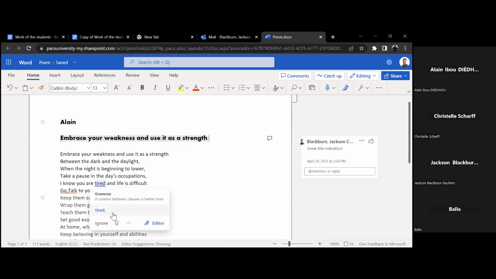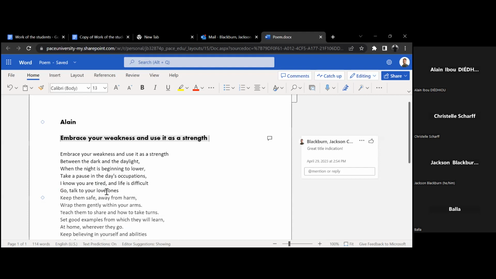Okay, it just suggests to put a comma after that. So it breaks it up. And life is difficult. Go. So after punctuation, including commas and periods, we always put a space. And typically after a comma, we don't capitalize. So let's just make that a lowercase t.